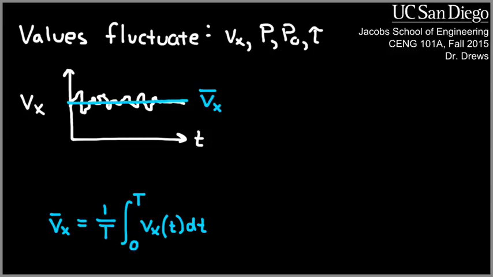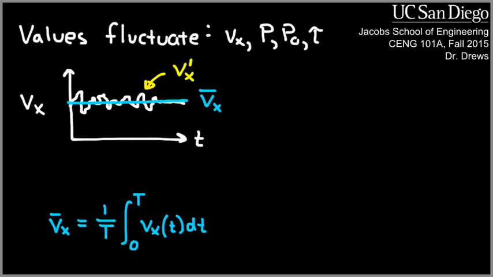And that works for pressure or velocity in any of the other components or anything we want to measure with time. It always looks like an integral that looks like that. Overlaid on top of that average signal, which is flat when we're at steady state, are these little bumps. And so these bumps are the fluctuating values, the time-dependent ones, which are called Vx prime in this notation.